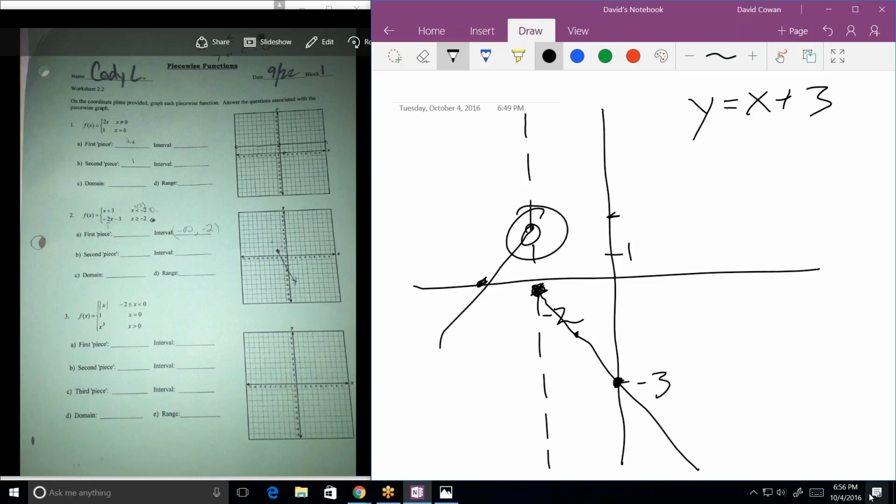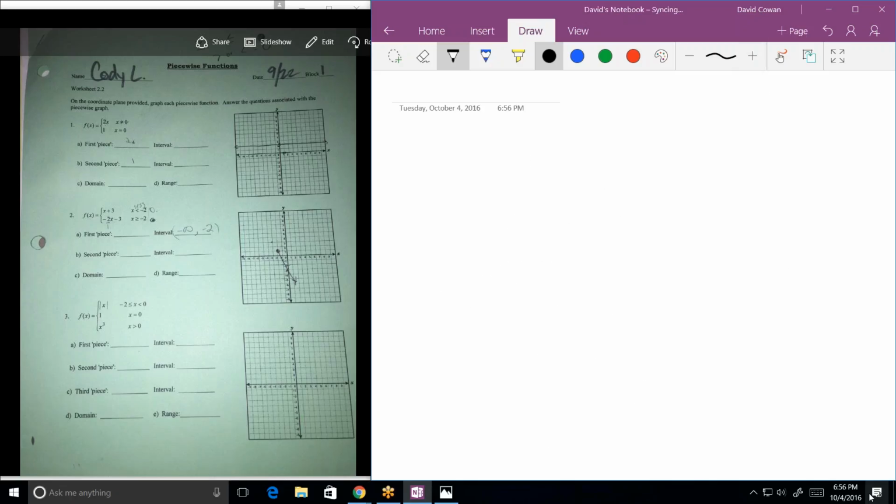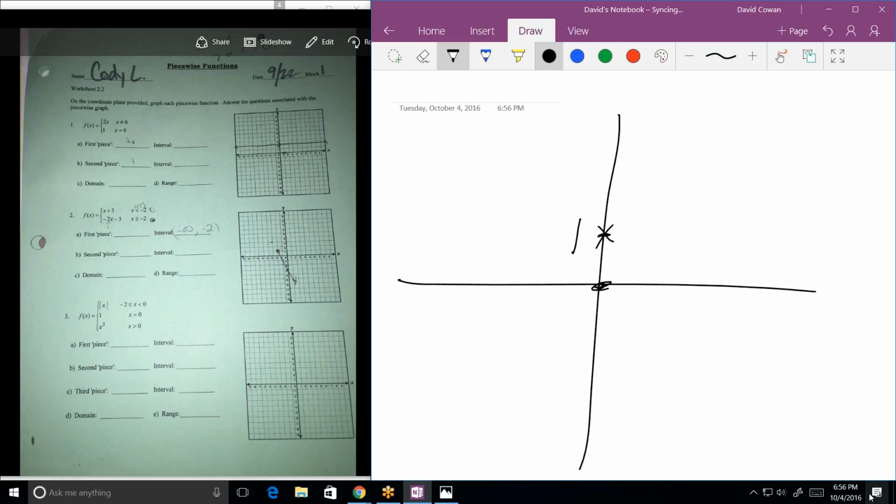Okay, yeah, so just last thing on the first one. So it would just be 1, because x is equal to 0 at one spot only. So when x is equal to 0, right there, the function is equal to 1. So that point is on the curve.